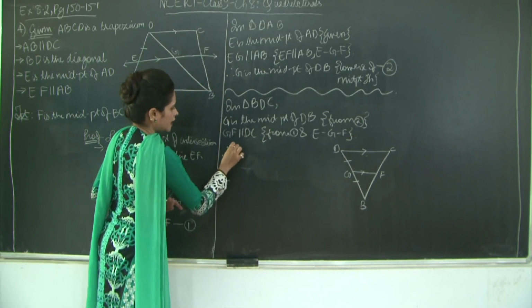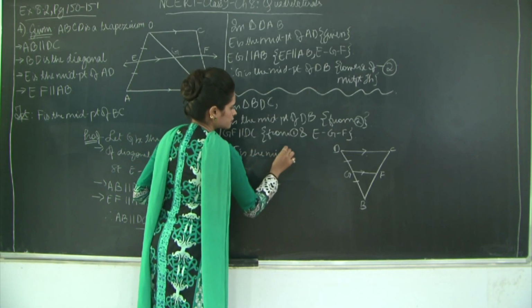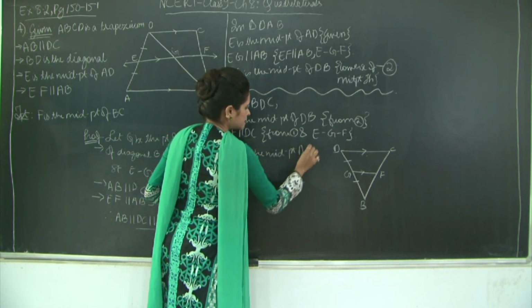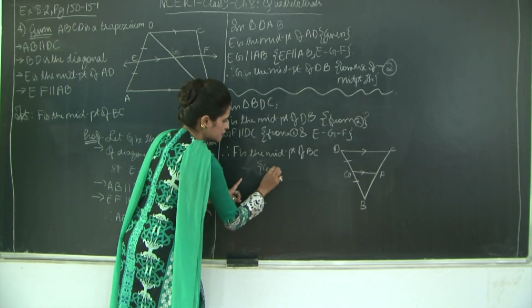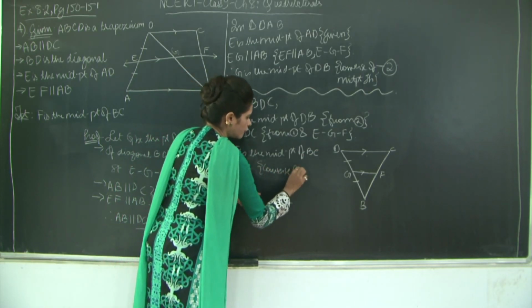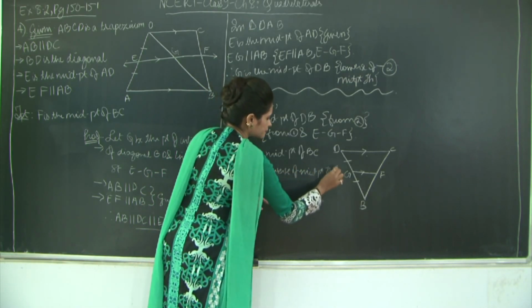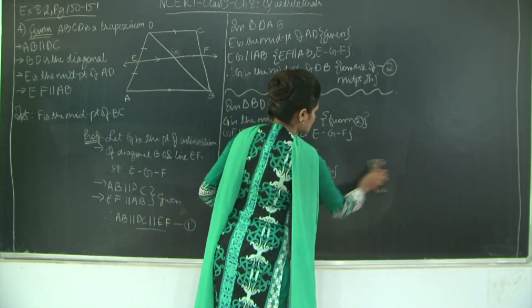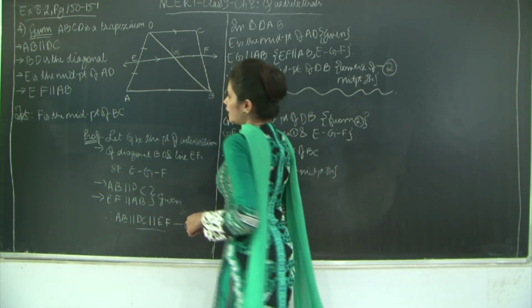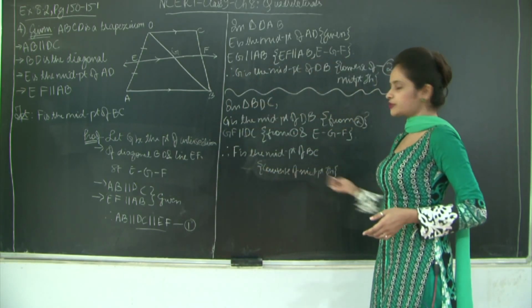Therefore, F is the midpoint of BC. Correct? And here I'll say converse of midpoint theorem. So I'll erase this triangle because this was just for reference purpose. Yes, and we have proved what was required, that F is the midpoint of BC by using the converse of midpoint theorem.